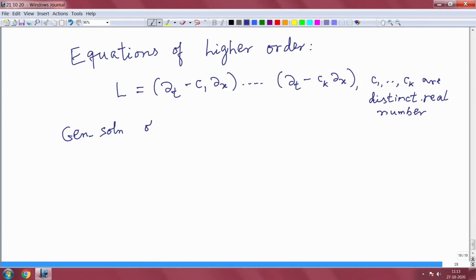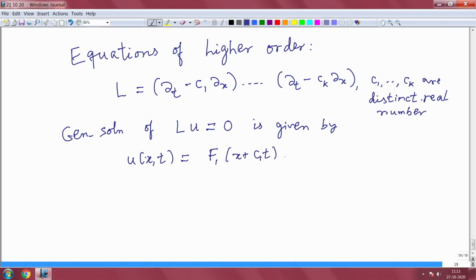The general solution of Lu equal to 0 is given by u(x,t) equal to f1(x plus c1 t) plus, etcetera.